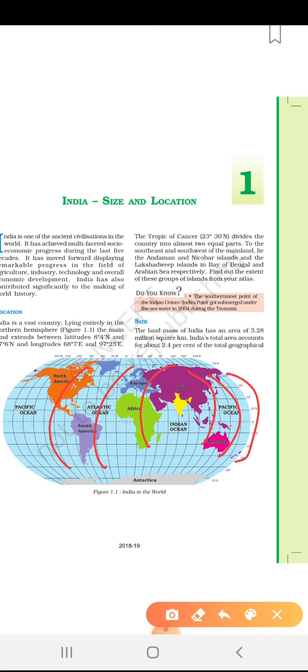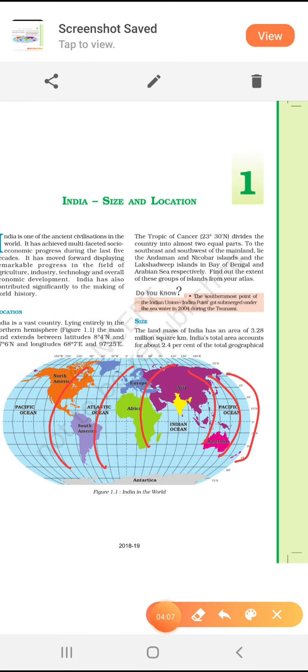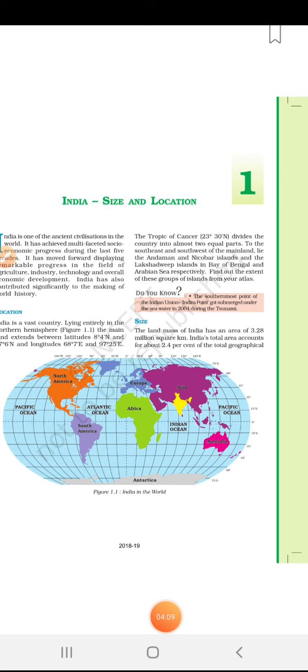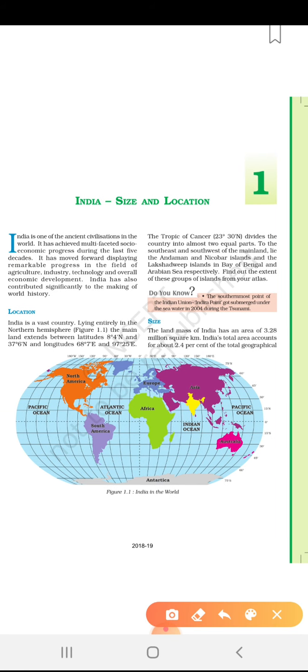When we talk about latitudes, they extend, now we are going to talk about the latitudes. So the east-west lines are known as parallels of latitude. They are in this way, like this.